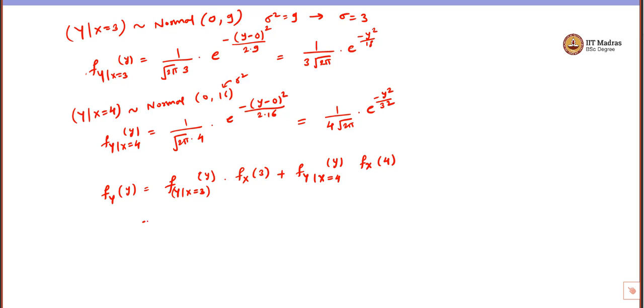Okay, we know from here that f of y given x equals 3 of y is nothing but 1 upon 3 root 2 pi into e to the power minus y square by 18 into what is marginal density at x equals 3. So we know that x is uniform in 3, 4.